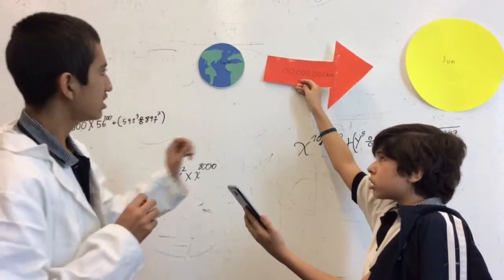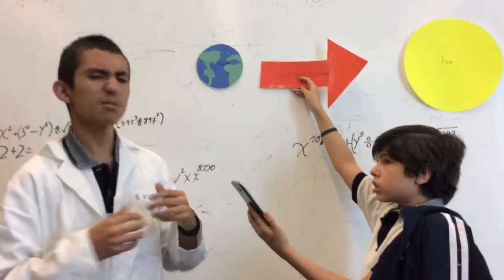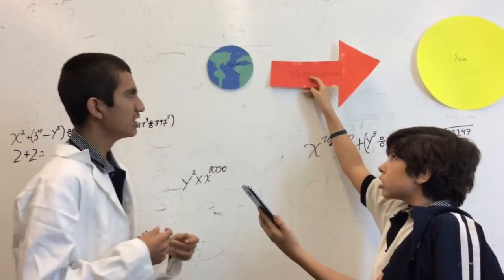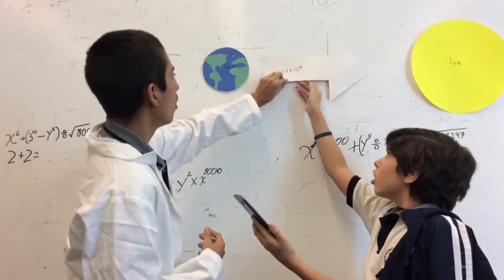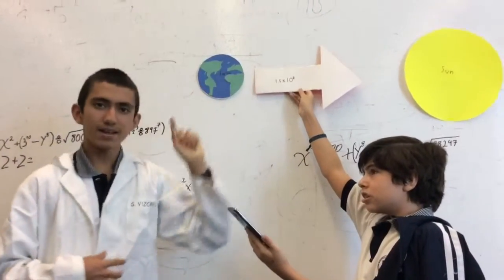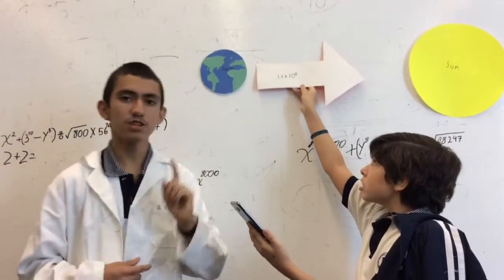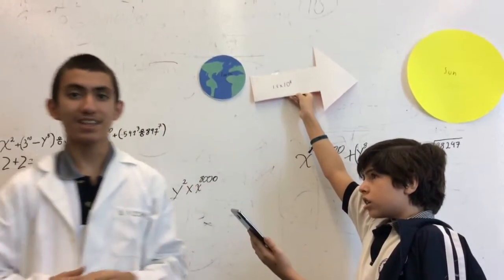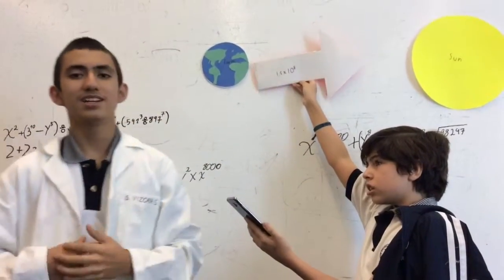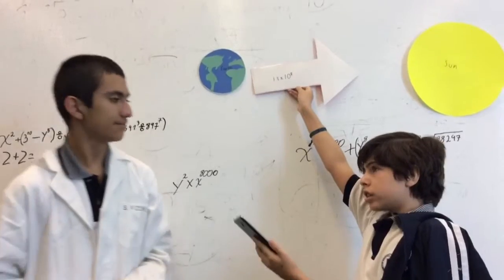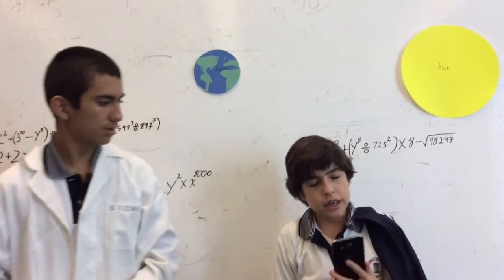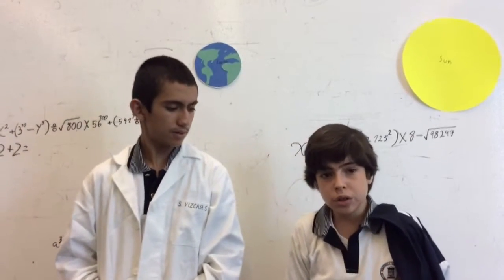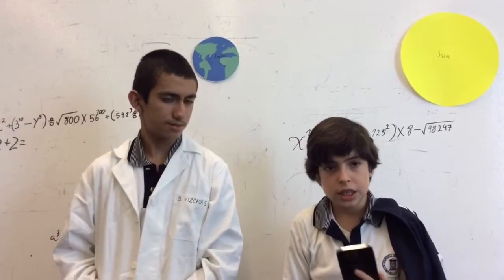When we make calculations using these really long numbers, it can sometimes be quite difficult. So instead, we simplify it as 1.5 times 10 to the power of 8. And that's mainly how I use scientific notation. Thank you, that was really interesting.